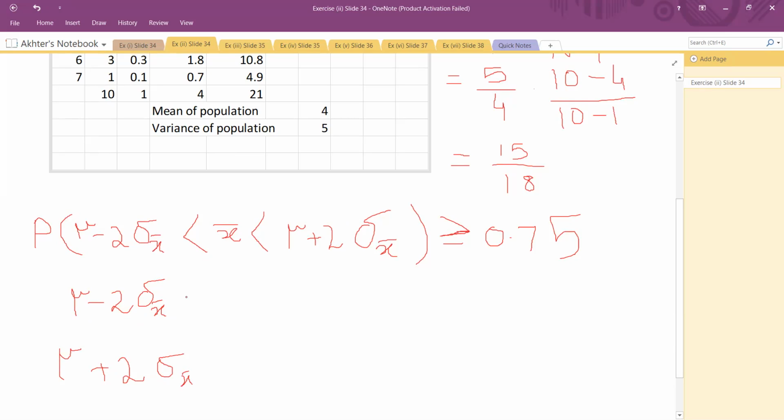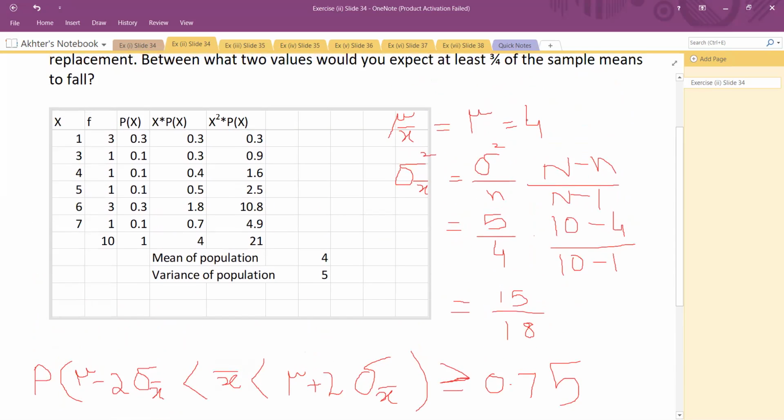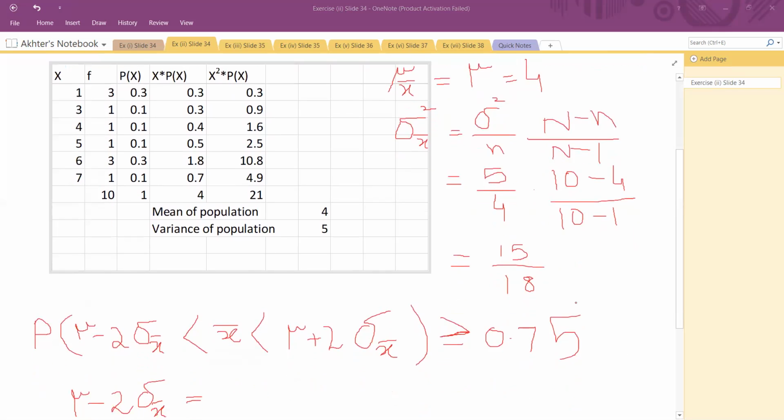The sigma is the standard deviation of the sampling distribution of mean. Now the population mean is 4 and the variance is 15 upon 18, so the standard deviation will be the square root of 15 upon 18.